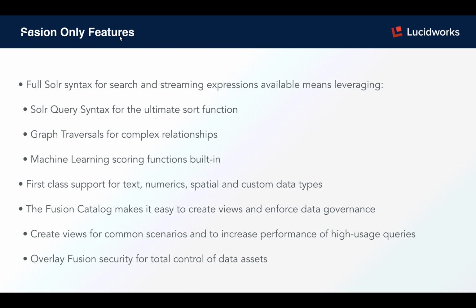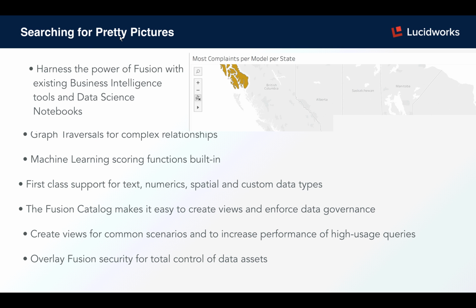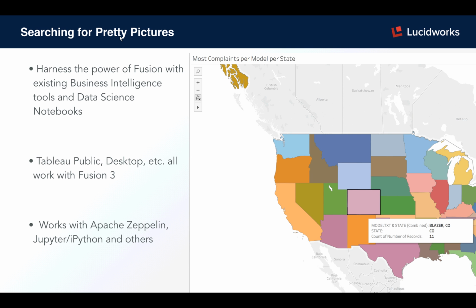With that then, we then wanted to make sure that we could leverage all of the visualization and reporting engines out there. And really that's kind of the last key piece to why we went and built this SQL engine into Fusion, is we wanted to be able to leverage things like Tableau or Zeppelin or Jupyter, et cetera, where people are doing some very interesting data science, where they're generating images, they're generating reports, telling stories, and all of those good things, right?